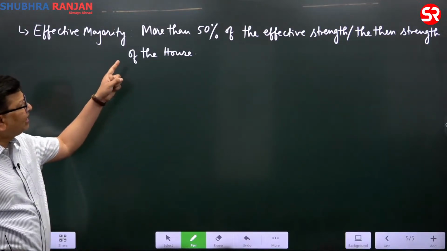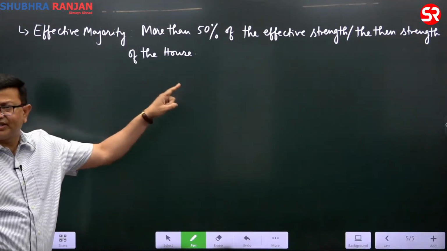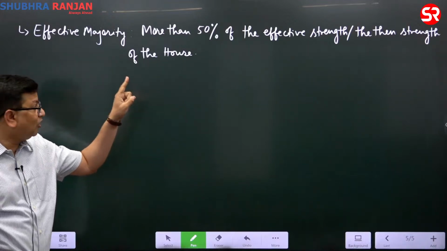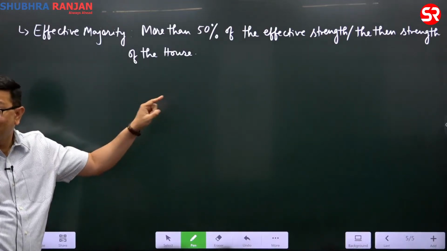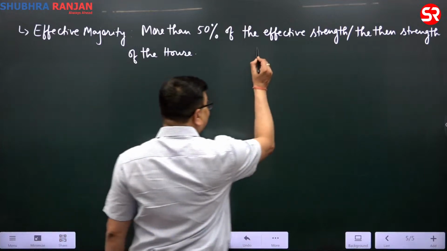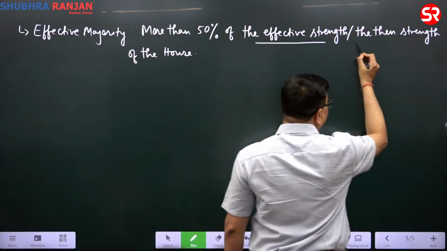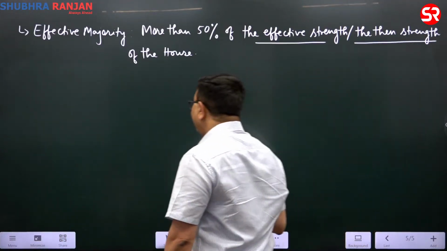What we have written: more than 50% of the effective strength. Earlier it was of the total strength. Here we have written the effective strength or the then strength of the House.